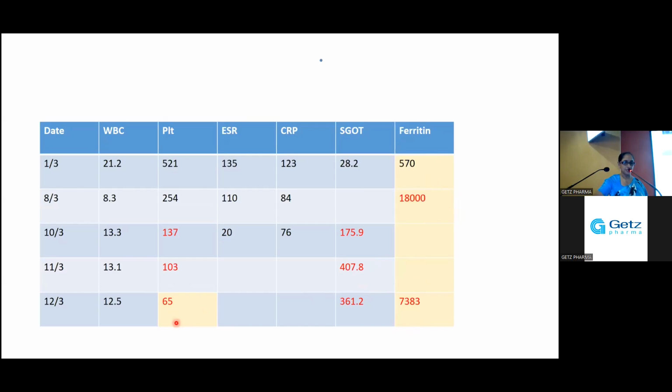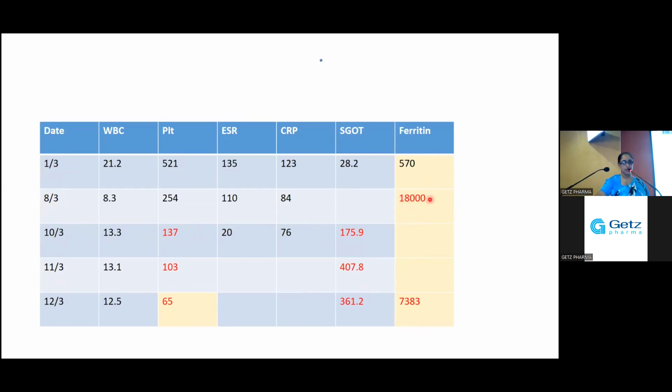See the difference. This is the timeline: the 1st of March, 8th of March, 10th of March. It goes like that. According to MAS criteria, the platelet count drops to a significant level to diagnose on the 10th of March. By that time, the patient has succumbed to macrophage activation.